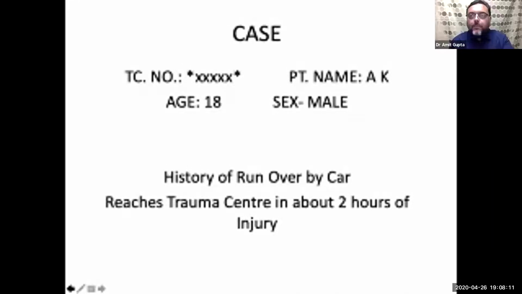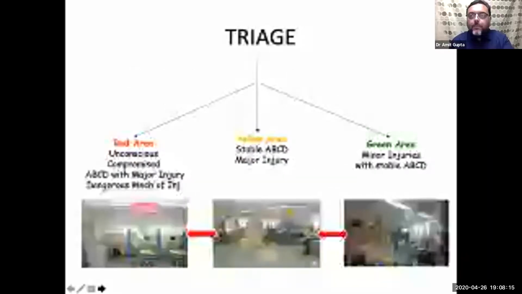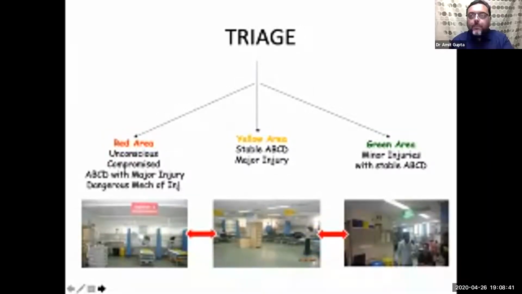Normally we would triage each and every patient into a red, a yellow, or a green triage tag. Very simply, red area patients, anybody who's unconscious, has a compromised ABCD, which is the life support system of the body, or having any major injury with dangerous mechanism of injury, is triaged as red so that he undergoes a full ATLS paradigm of initial management.